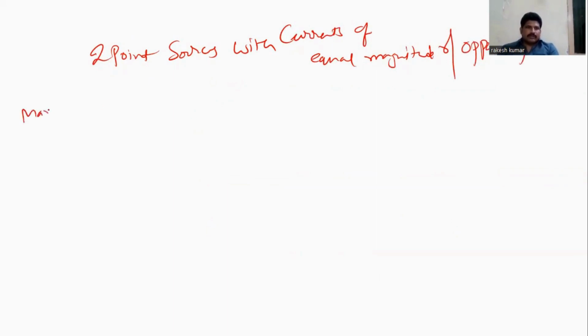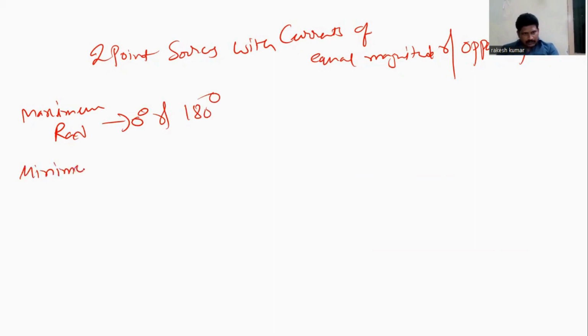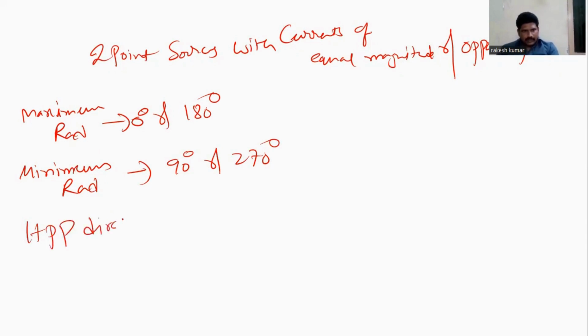We are getting maximum radiation at 0 degrees and 180 degrees, minimum radiation at 90 degrees and 270 degrees, and half power points at 60 degrees and 120 degrees.